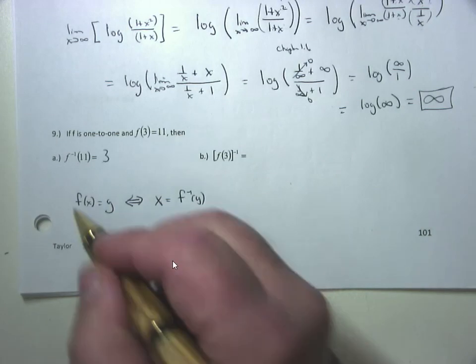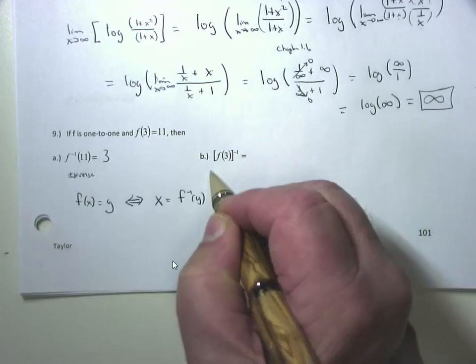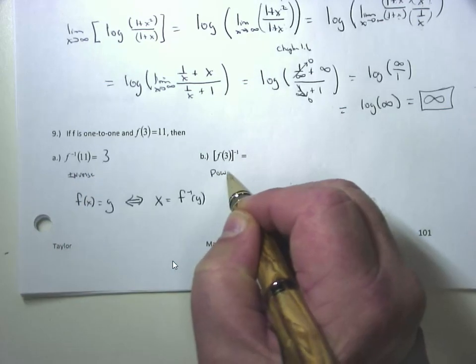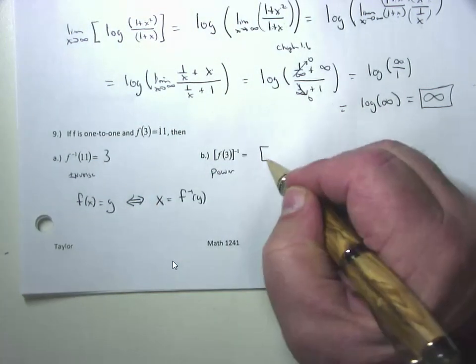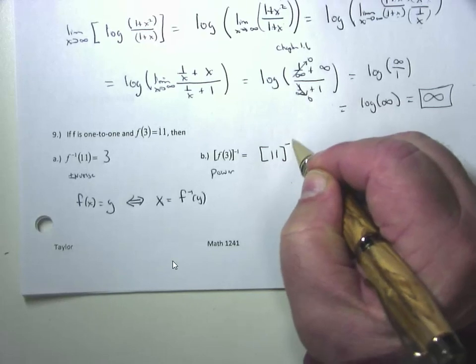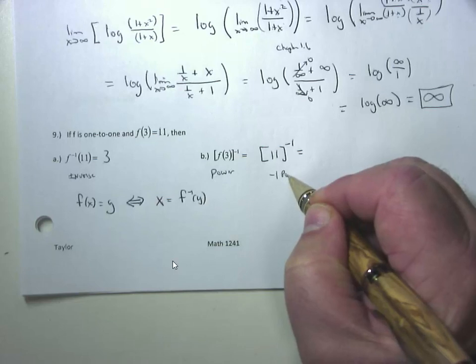However, this is inverse notation. This is power notation. This is f of 3 to the negative 1 power. What's f of 3? They told me f of 3 equals 11, so this is the same thing as 11 to the negative 1 power. But what is a negative 1 power going to do for me?